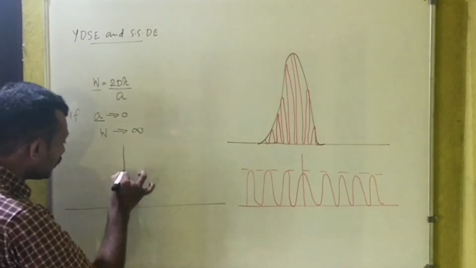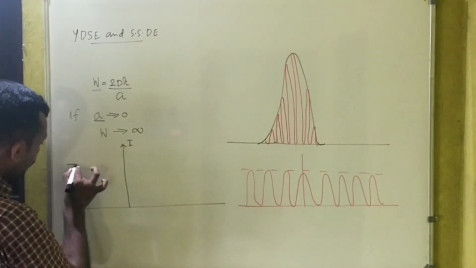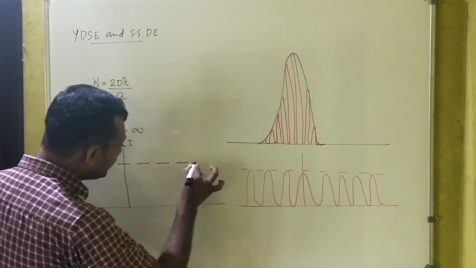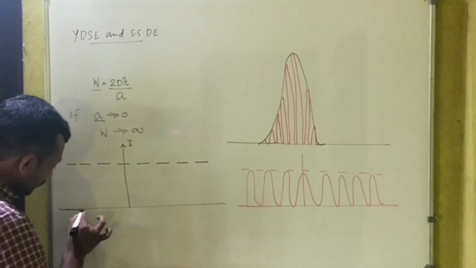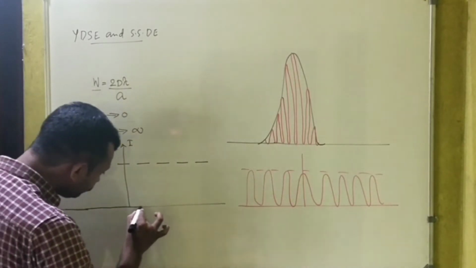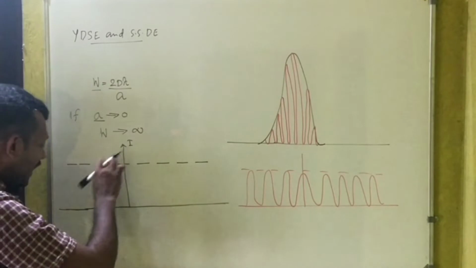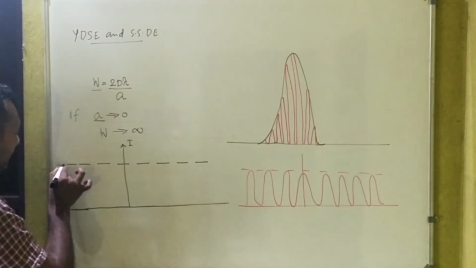That means if I plot the intensity distribution, this will be the new central maxima. Width tending to infinity means the curve should be parallel to this axis, because it is going to meet the axis only at infinity. So this is the pattern.